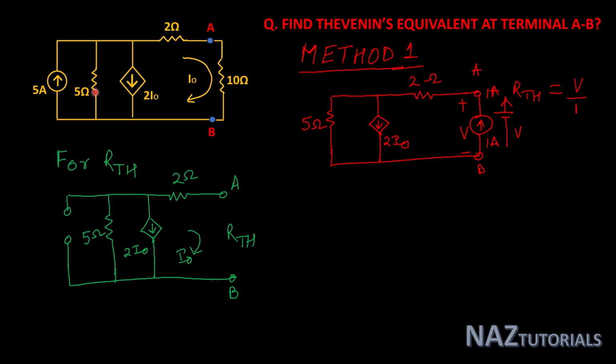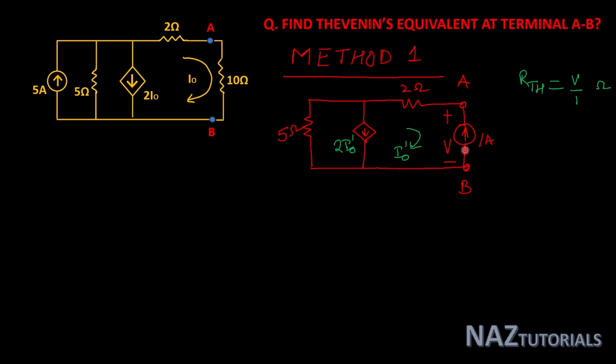So let's see the calculation. This is our equivalent. Here we connect a 1 ampere current source and assume V volt across this current source. So this I0 will be changed. Here we assume I naught dash, and according to this our dependent source value is 2 I naught dash. So let's see the circuit.